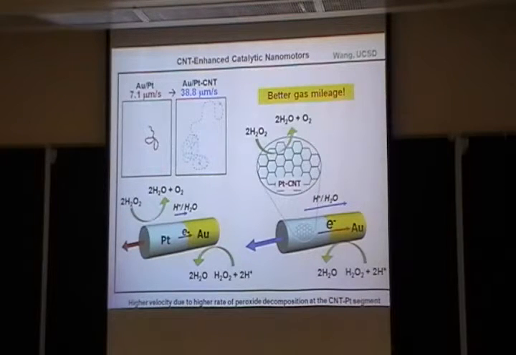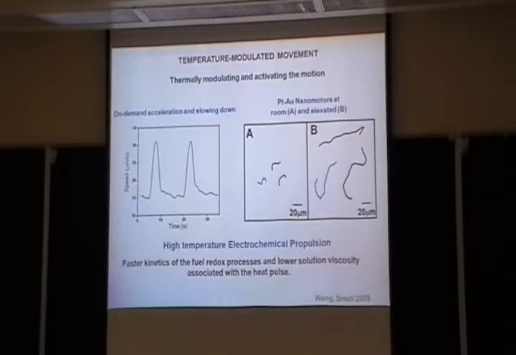But anyway, there are ways to speed these things up if you wanted to. The other way you can do it is, of course, all chemical reactions have an activation energy, and the purpose of the catalyst is to lower the activation energy so the reaction is faster. And the other way to make a reaction faster is to just raise the temperature. So the same rods at higher temperatures should go faster. Joe Wong proved that. Also, he could turn on and off the speed of the rods by varying the temperature.